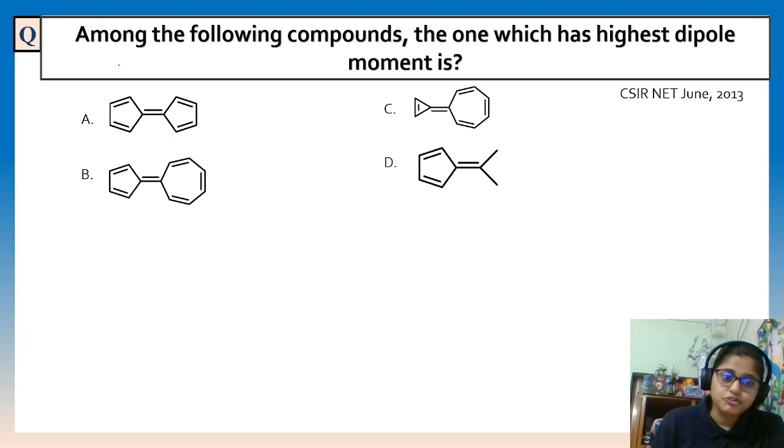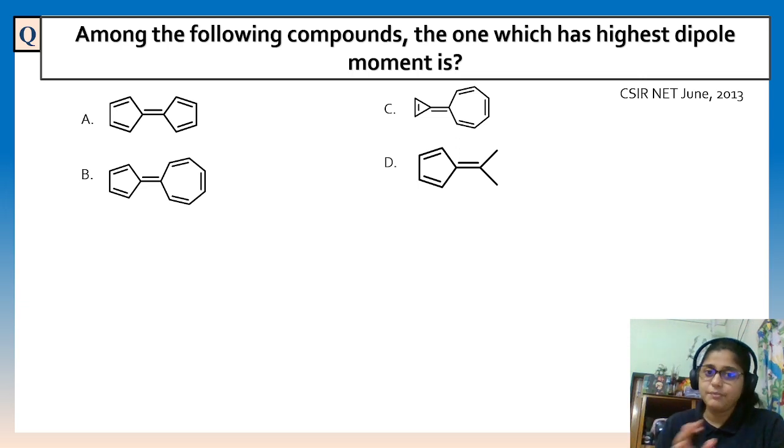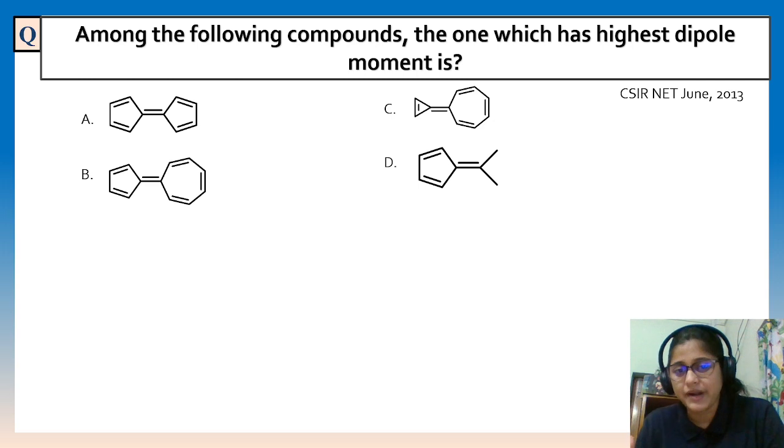Okay, so we have to consider this double bond. So we have to calculate, right? We have to consider if we break this double bond in some manner, whether we can gain some extra stability or not. That's how dipole moment works. We have to see the charge separated form, right?